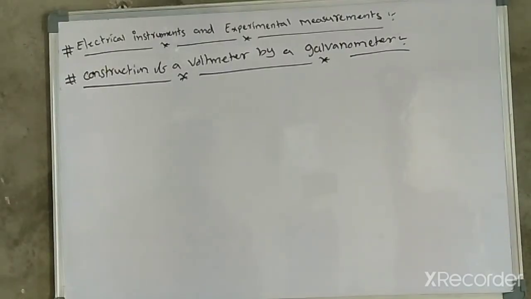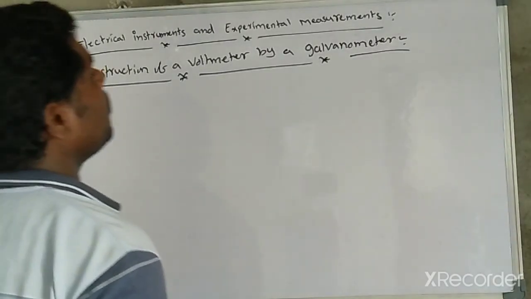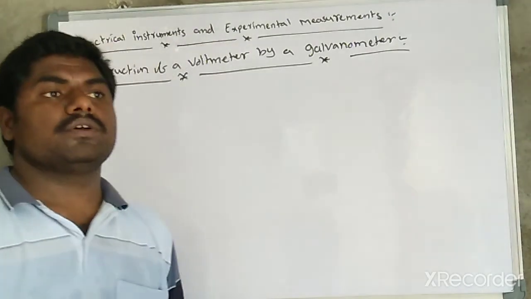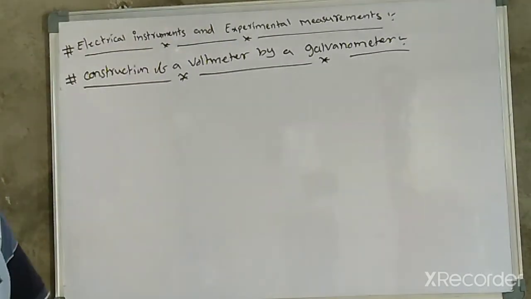Next one, construction of a voltmeter by a galvanometer. So how to construct here?